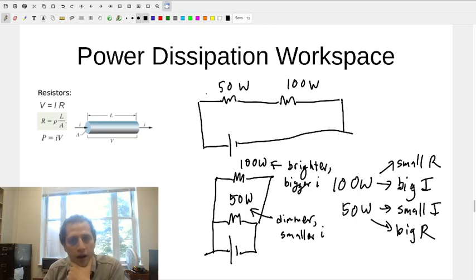But in this case, the 50 watts and 100 watts are in series, so they have the same current going through each one of them.